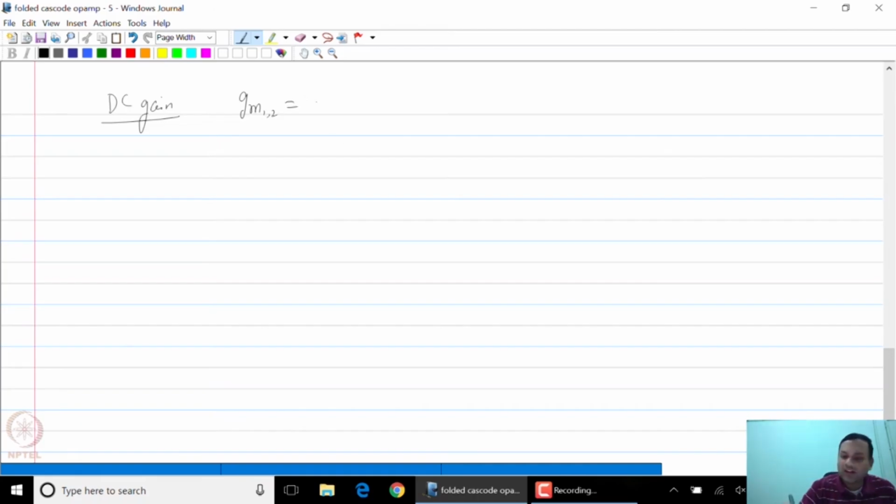So GM of 1 and 2 would be approximately 6 millisiemens. GM of 3 and 4 would be approximately 3.8 millisiemens, and GM of 5 and 6 would be approximately 50 millisiemens.